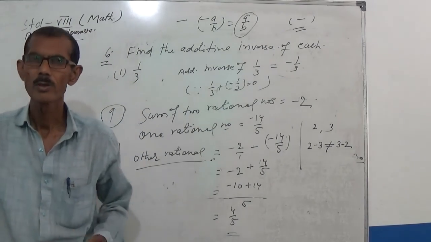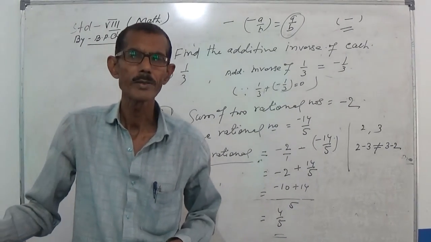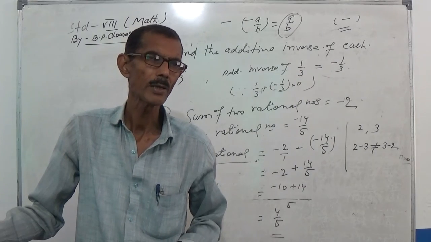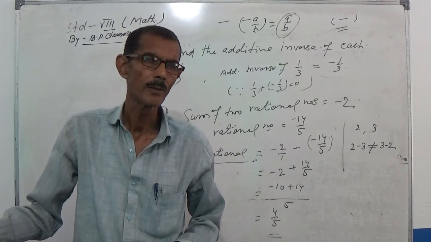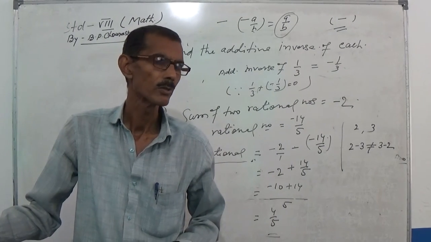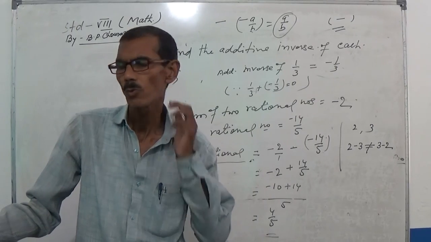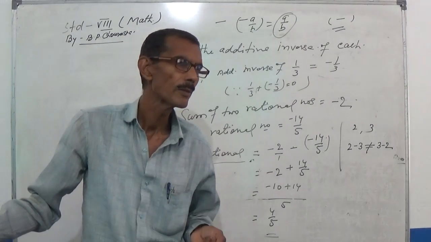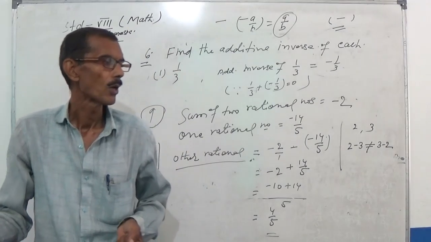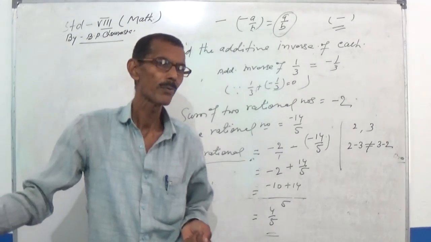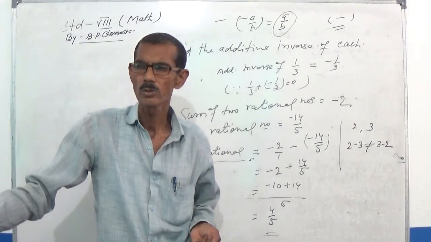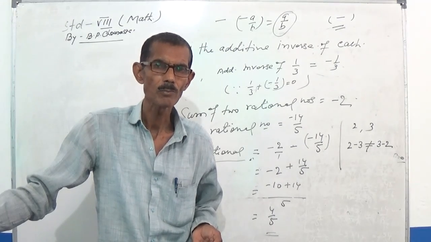Now I hope you can solve all types of problems by applying properties and definitions and the examples and questions which are solved. By taking the help of all those, you can solve other problems. Okay.